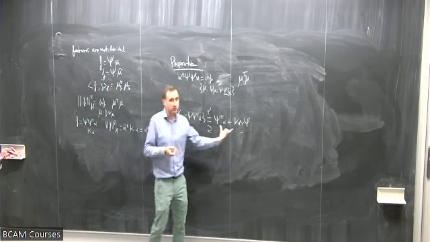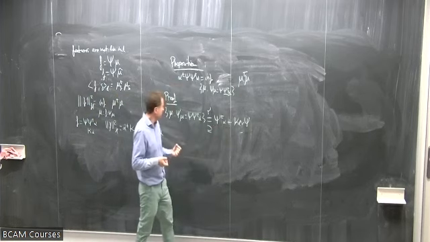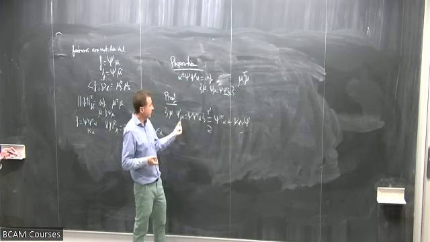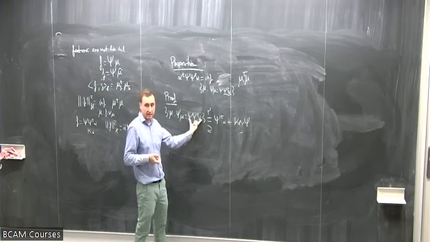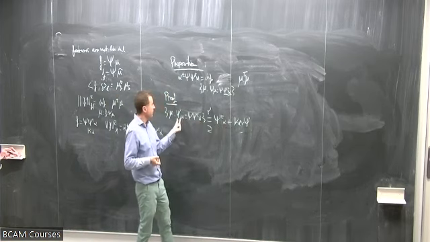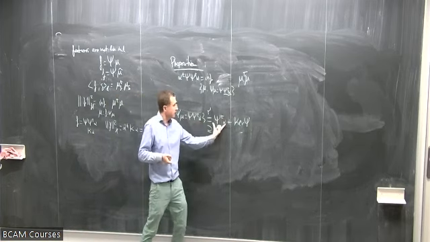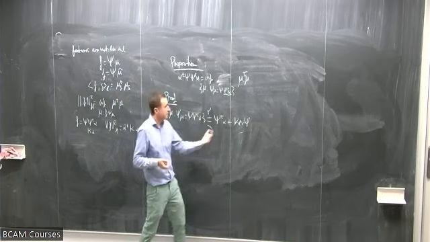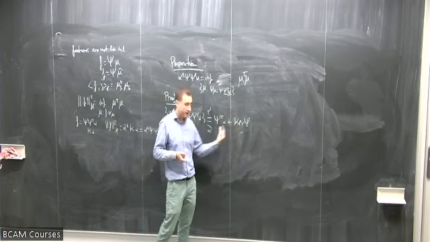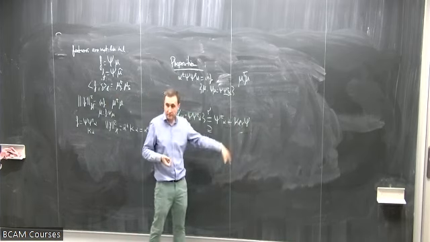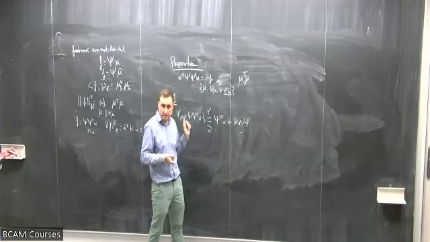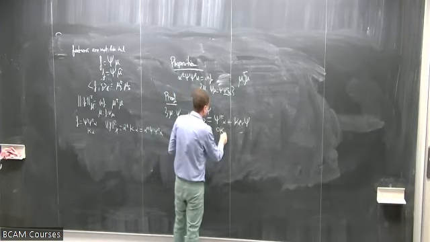If I have a vector that can be written like this, and I want to know if it's in here, I multiply it by Xi, and I check if it gives me this. If I have a vector here, I multiply by Xi, this will give me this, and if I have a vector that is in the kernel and I multiply by Xi, it gives me 0. So this is no problem, right?